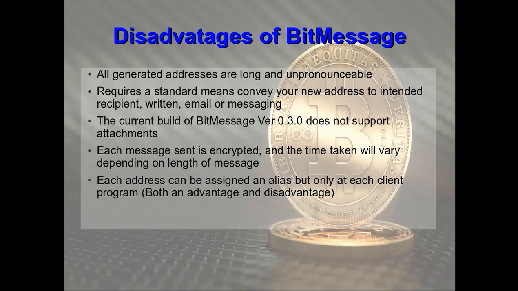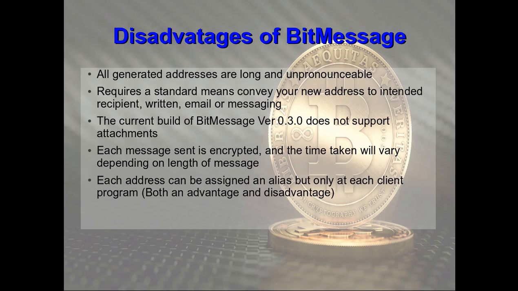Each address can be assigned an alias, but only at the client end. So in your client application, you can assign aliases to each address. These may be completely different to the recipient, who will have his own identifying labels for each of the addresses that he's got.